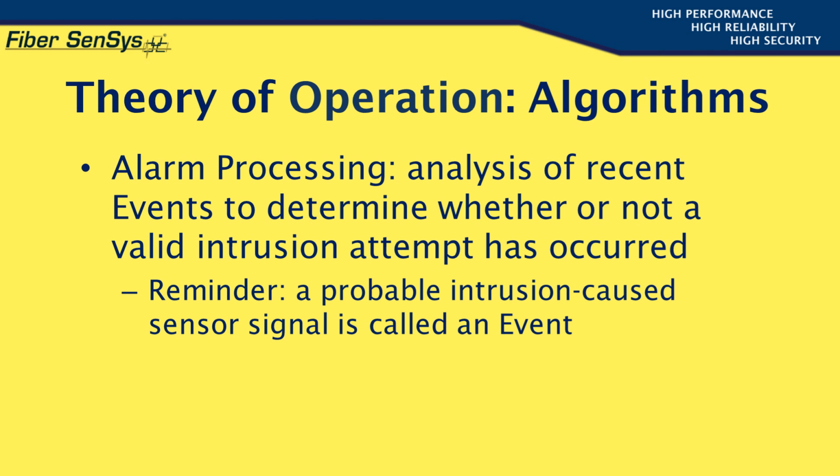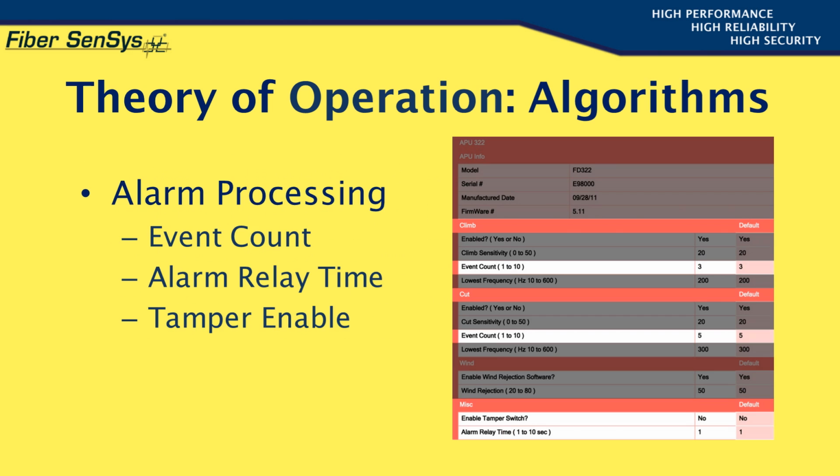The third and final sensing algorithm type is alarm processing. In this phase of sensor operation, the DSP analyzes recent events to determine whether or not an intrusion has occurred. Remember that an event is defined as a probable intrusion-caused sensor signal.